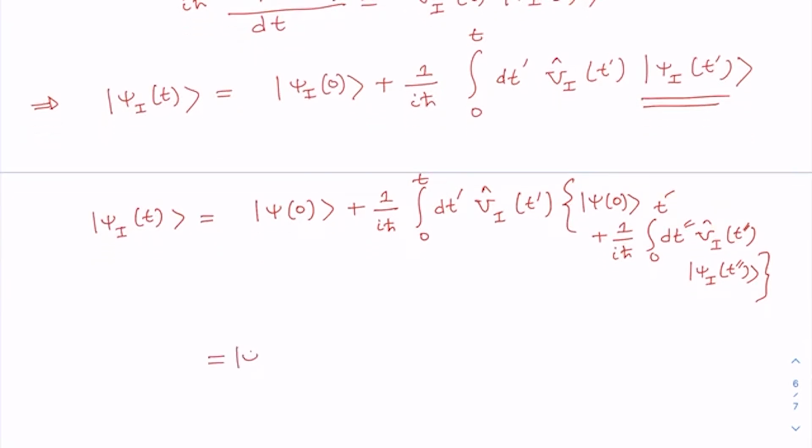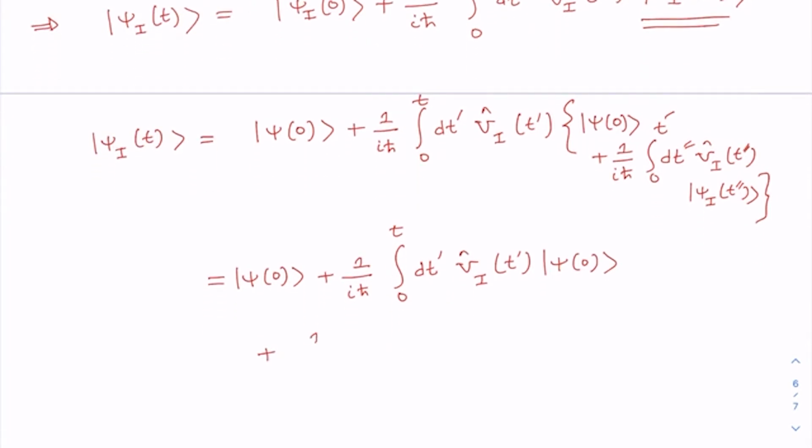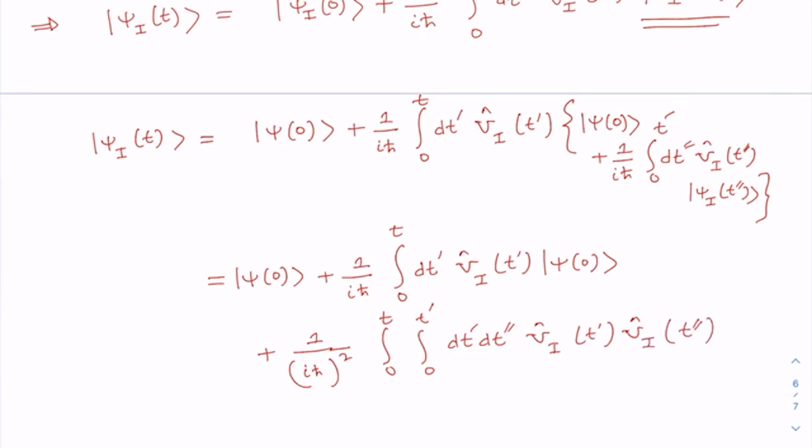This I can write as psi of 0 plus 1 by i h cross integration 0 to t dt dash V_I(t dash) psi of 0, plus 1 by (i h cross) squared, integration 0 to t, 0 to t dash, dt dash dt double dash V_I(t dash) V_I(t double dash) psi_I(t double dash).